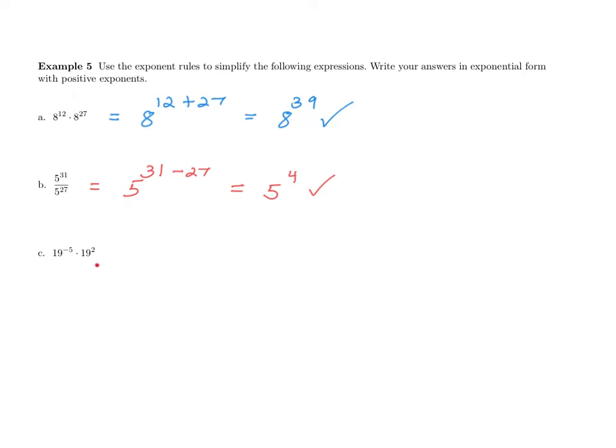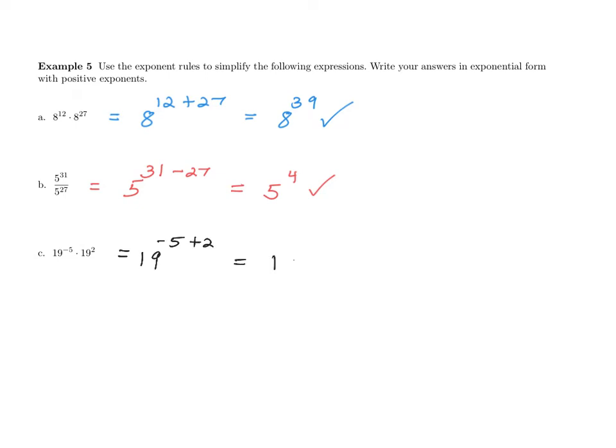Now for this last part here, the base is 19, it's the same. We're multiplying, and here I have negative 5 and positive 2. There's more than one approach you can take to solve this problem. However, it doesn't matter that this is a negative 5. You can actually add these 2 exponents together. That is, this is equal to 19 to the negative 5 plus 2.